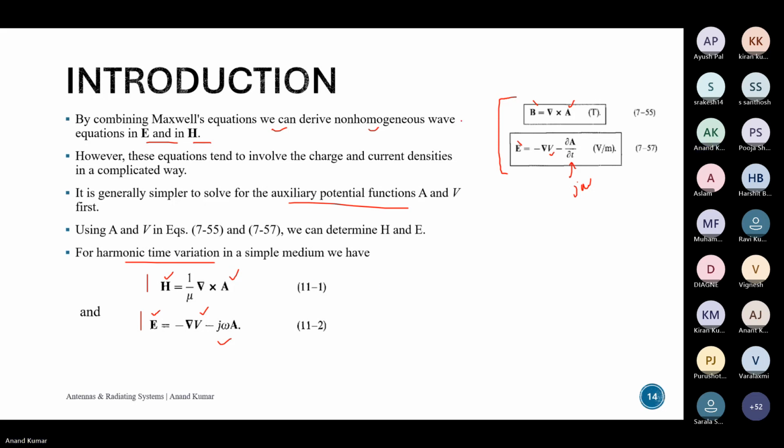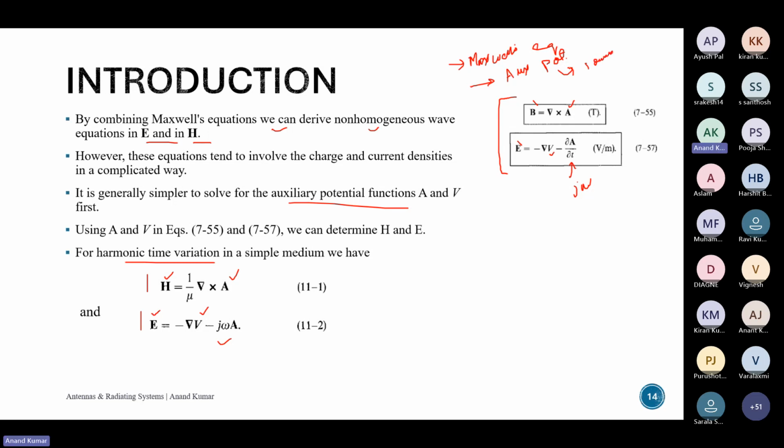Just to remember, we have the Maxwell's equations, and from the Maxwell's equations we define the auxiliary potentials, which can be calculated from the sources.